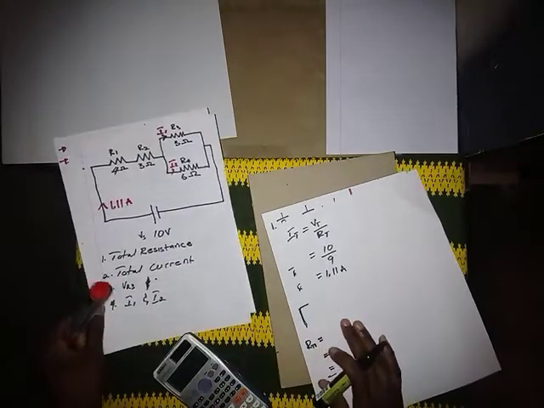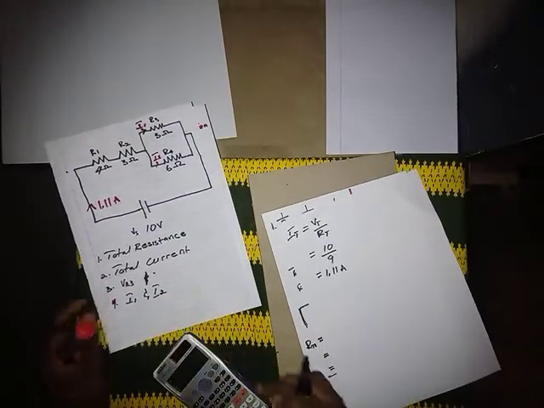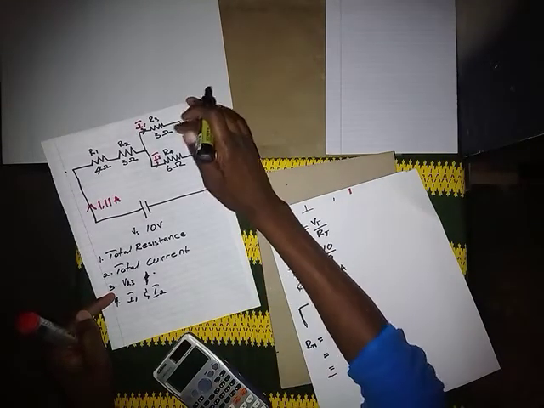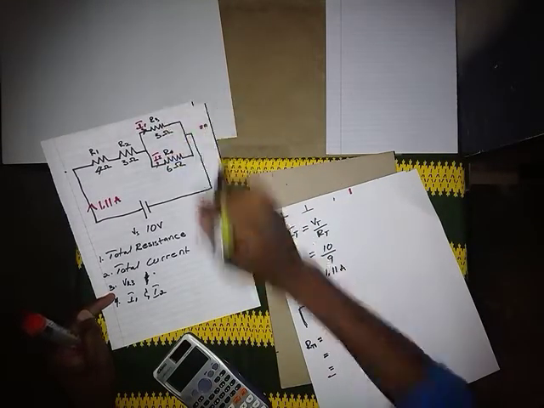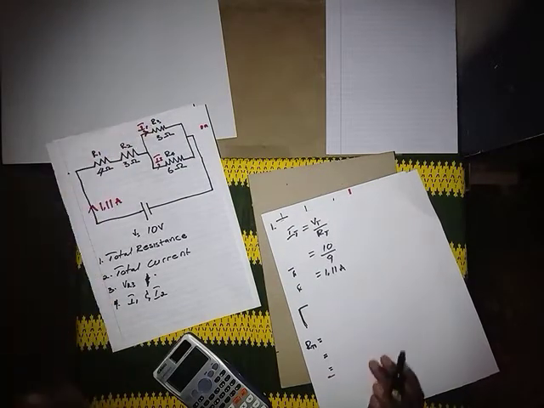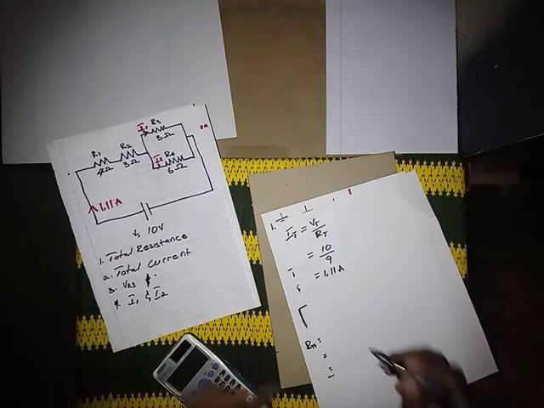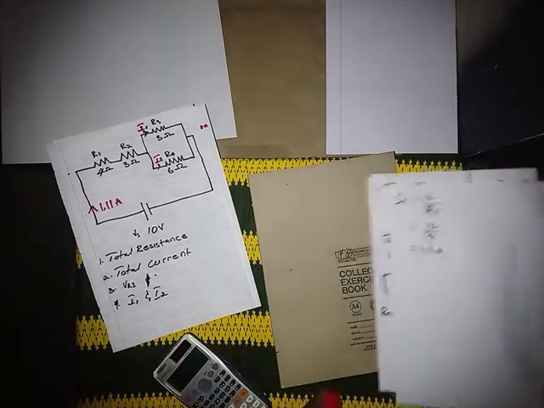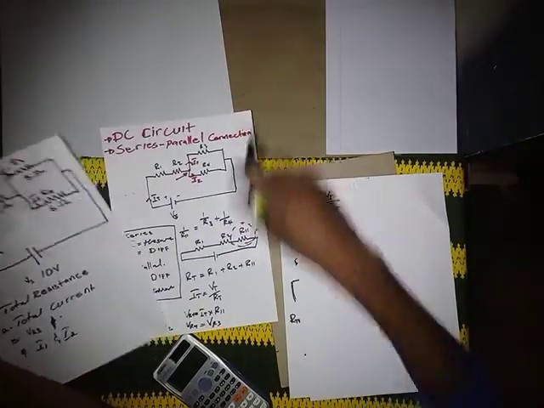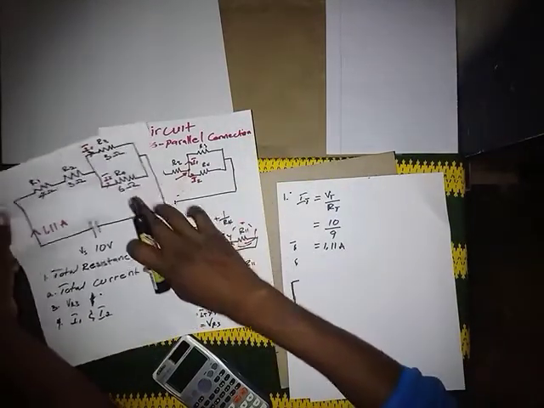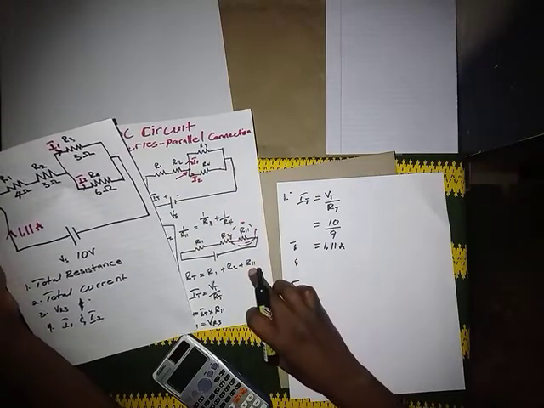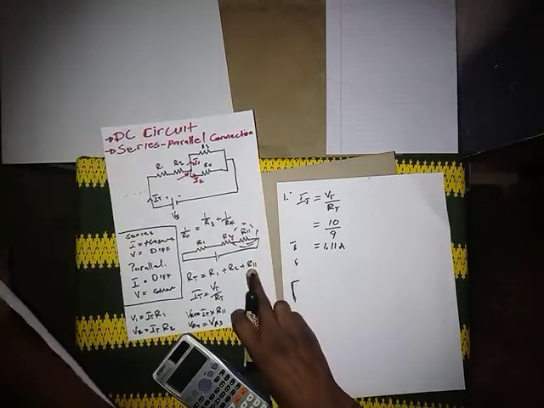So what does the question say? Calculate VR3. So now we want the voltage that is passing through the resistor R3. Like I've said in our lesson, since the voltage here is the same, we can just calculate the voltage of the combination.